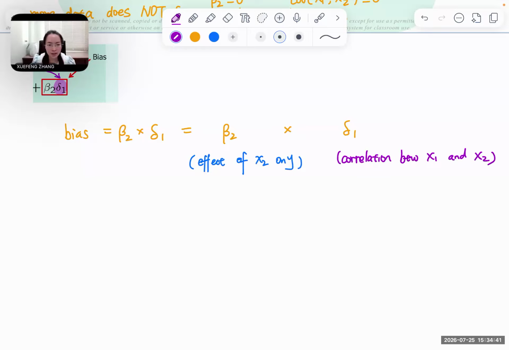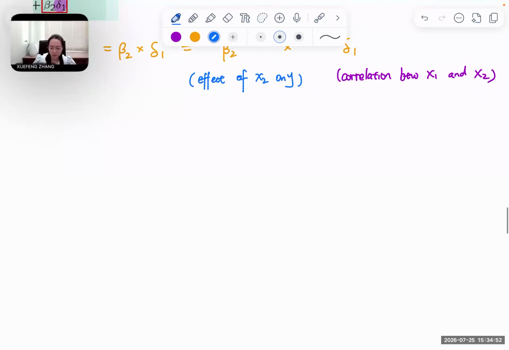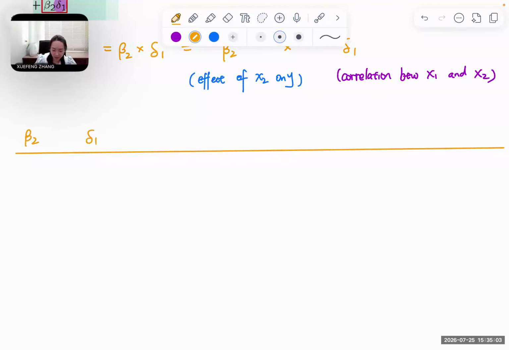So let's see the direction of bias. This is where it gets practically useful. We can sign the bias without running any regression. So we have beta 2 and delta 1, where delta 1 equals covariance of x1, x2 over variance of x1.